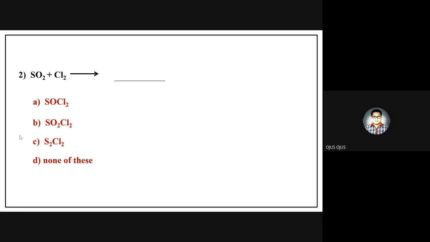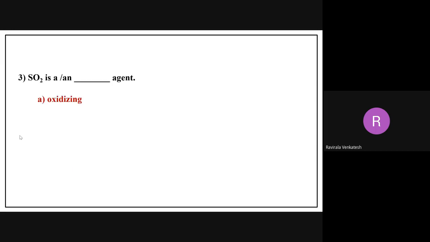Option B. SO2Cl2, right? अब बताओ इसका आंसर जल्दी. Option C. ऑक्सीडाइजिंग एंड रिड्यूसिंग एजेंट. ऑक्सीडेशन भी हो जाएगा और रिड्यूसिंग भी हो जाएगा.